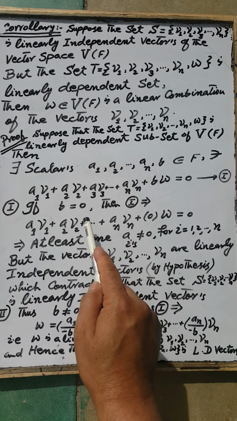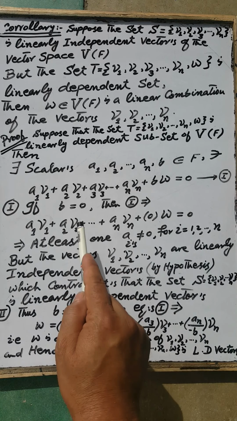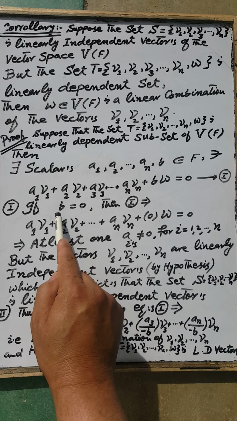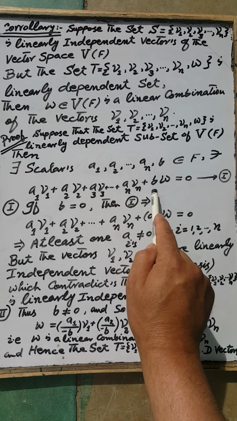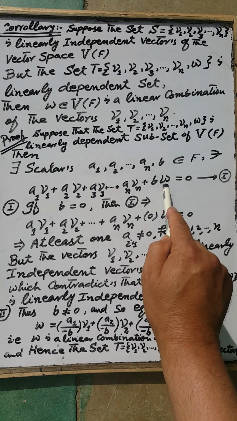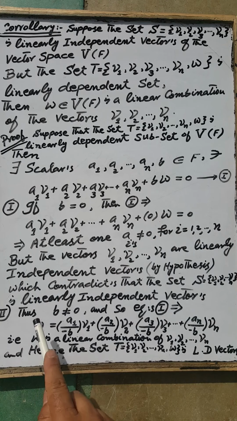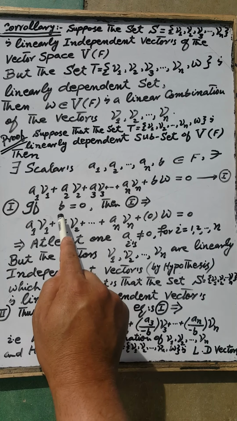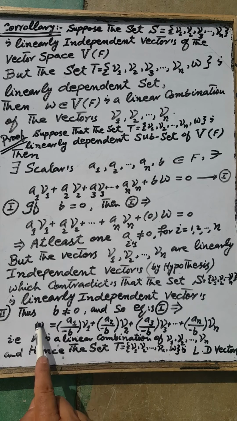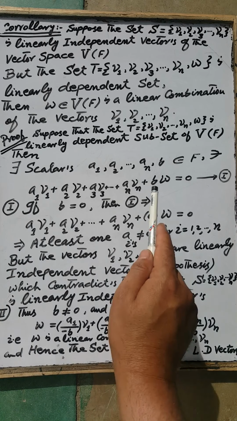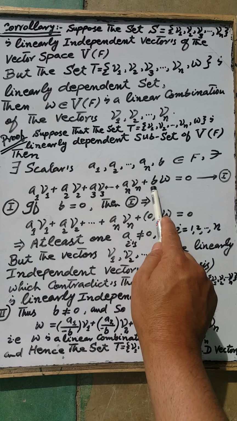Therefore, this contradiction arises due to our supposition that the scalar b, which is in the multiplication with the vector w, is equal to 0. Hence we can decide here that the element b is not equal to 0, and so equation first implies this.